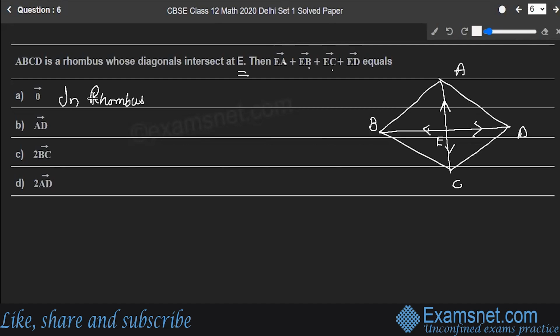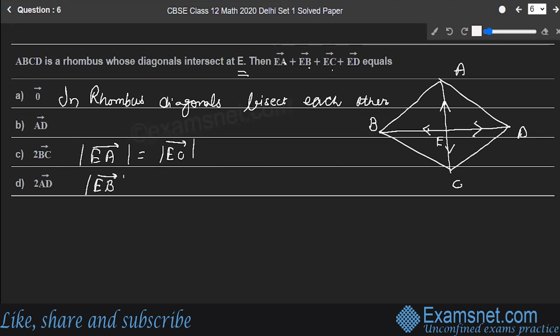Rhombus, diagonals bisect each other. Therefore, see over here, the magnitude of EA vector is equal to the magnitude of EC vector. Also, the magnitude of EB vector is equal to the magnitude of ED vector.